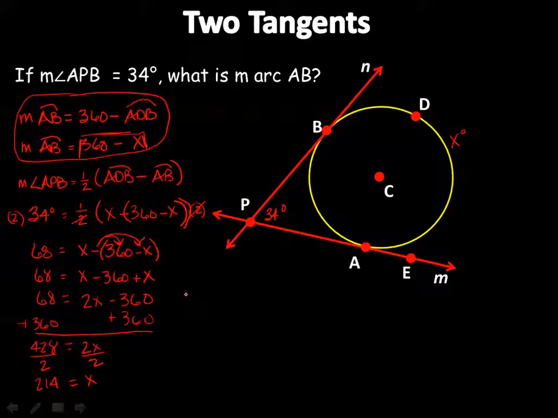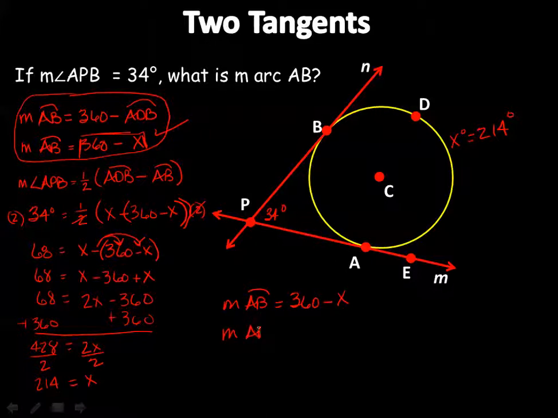214. So it looked like we didn't have enough information, when in fact, remember, we can always just plug in an x and figure the rest out. So if I want to know what the measure of that little arc AB is, remember what I did up here? Right here, I said the measure of arc AB is going to equal 360 minus x.